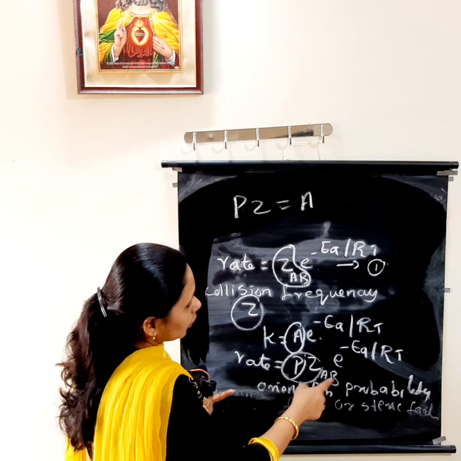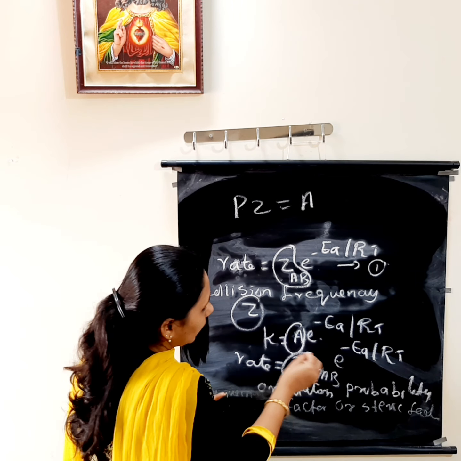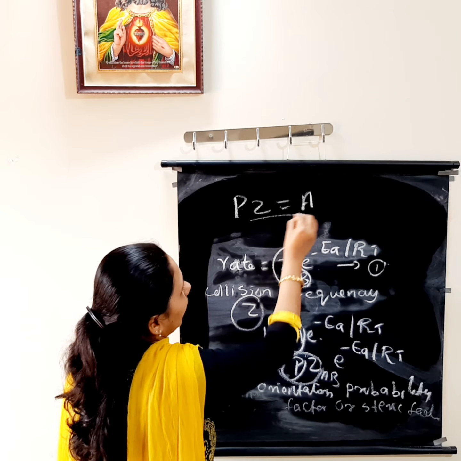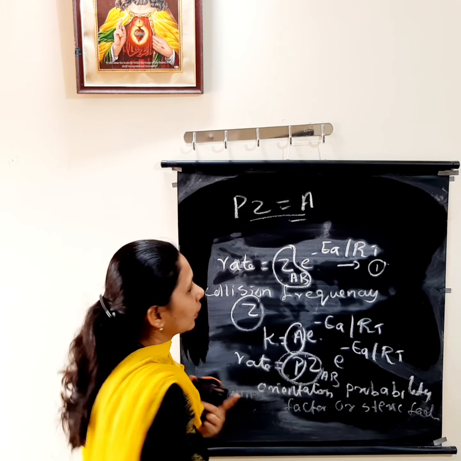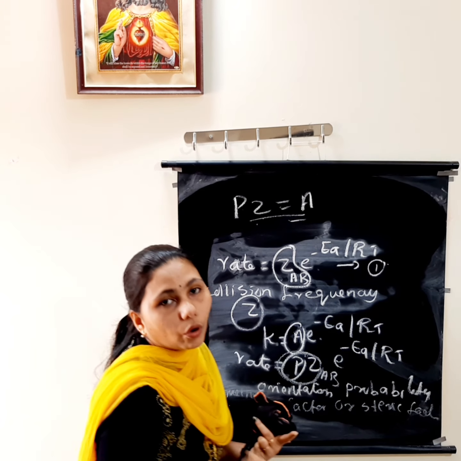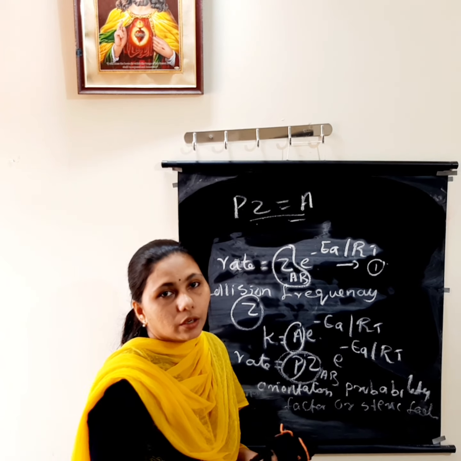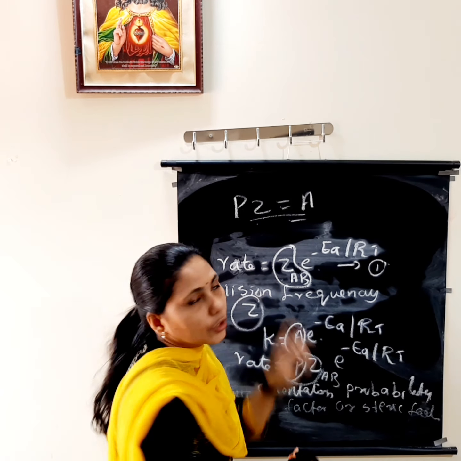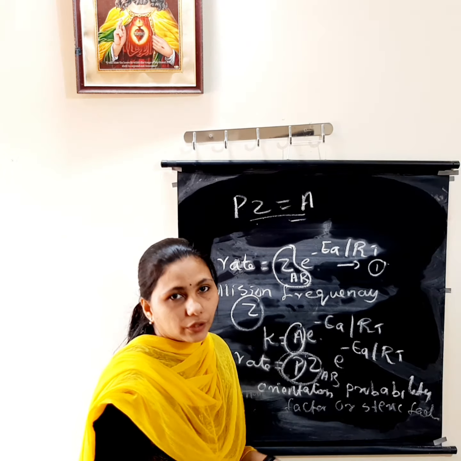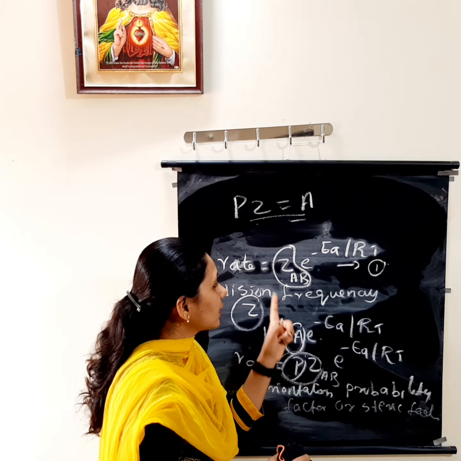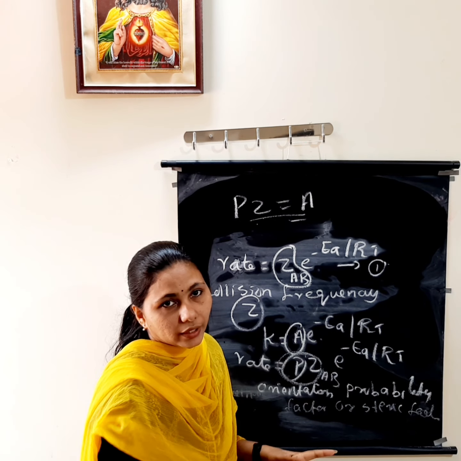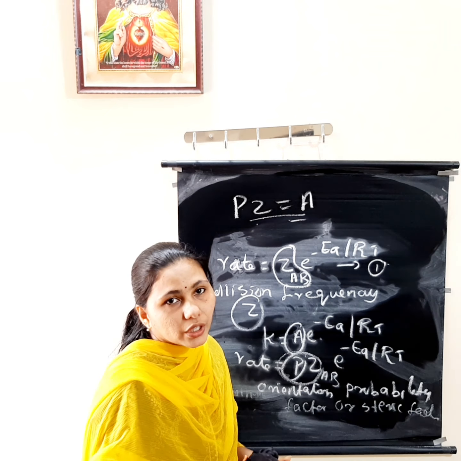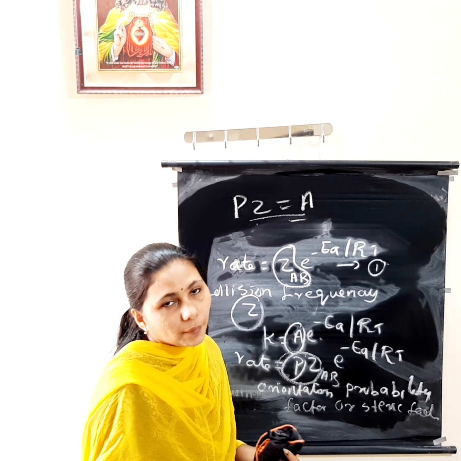So P Z gives A, the Arrhenius factor, where P is the orientation probability factor or steric factor, and Z is the collision frequency. So that is about the collision theory. And one more thing, the limitations of collision theory.